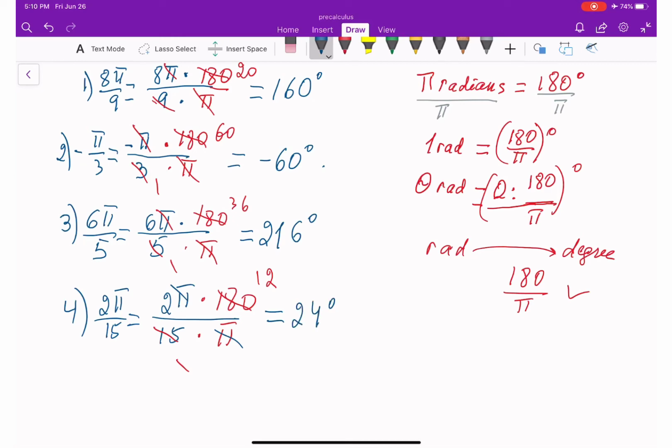Now, it's time to tell you how to remember in what case we multiply by 180 over pi, and in what case we multiply by pi over 180. All right, so when you convert radians to degrees, you want the pi gone, degree stays. Therefore, you make sure the pi has to be at the bottom, so you can cancel with the pi that is on the top. Okay, see that?